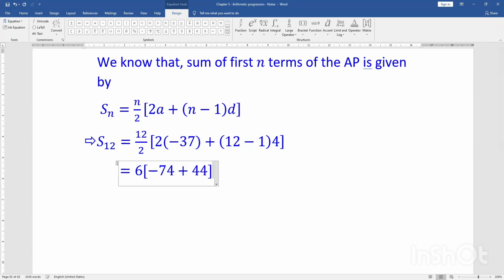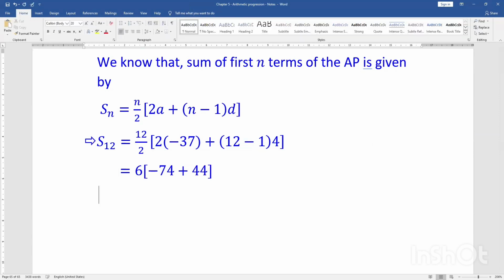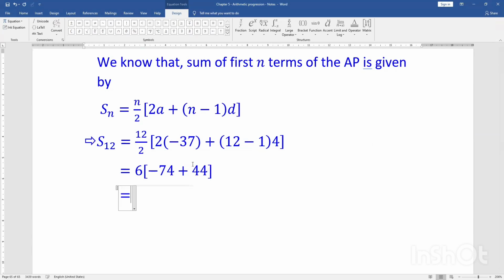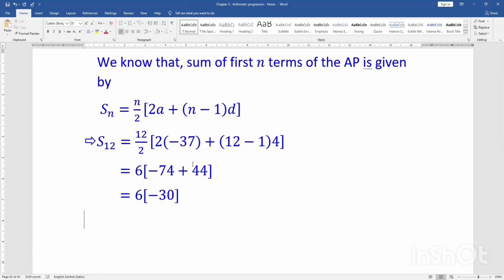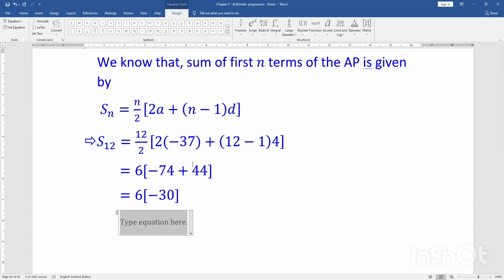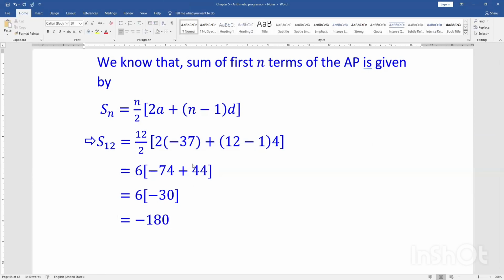So write 44, then it's equal to 6 into minus 74 plus 44, which will give you minus 30, right? Then this will give you minus 180. Right, children?